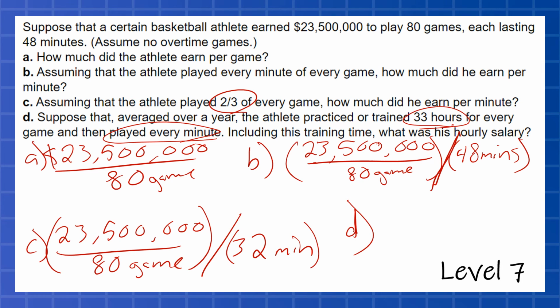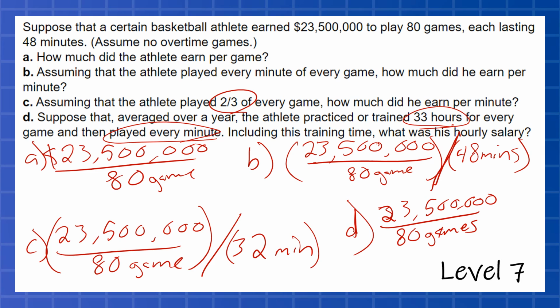Okay, so we're going to work this out here. So how many total hours did they work? Well, for each game, let's factor this down to hourly salary. So they started with this much money for the year, but that's for 80 games.